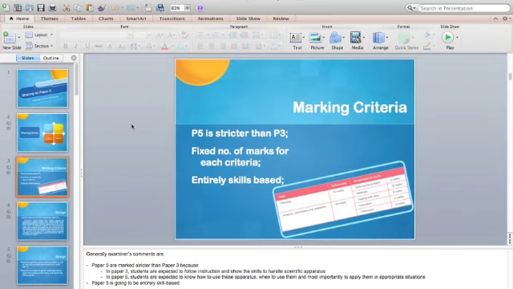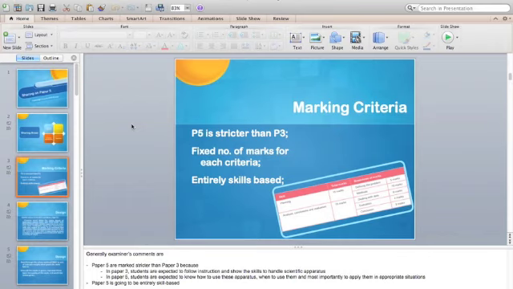What was mentioned also is that the difference between paper 3 and paper 5 is that in paper 3, students are only expected to follow instructions and show the skills of how they can handle scientific apparatus based on the instructions given. Whereas in paper 5, students are expected to know in and out how to use these apparatus, when they can use them, and how to apply them in whatever situations are given to them.